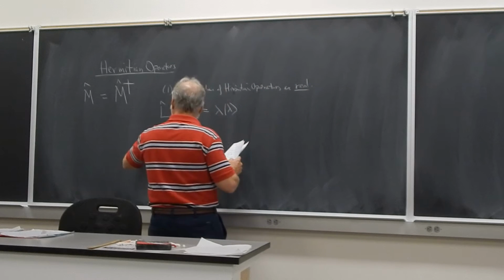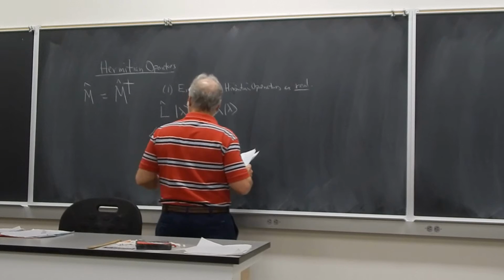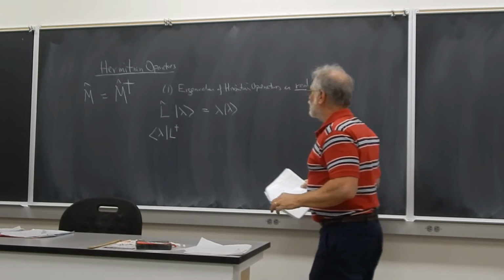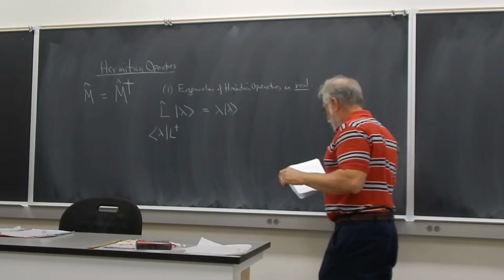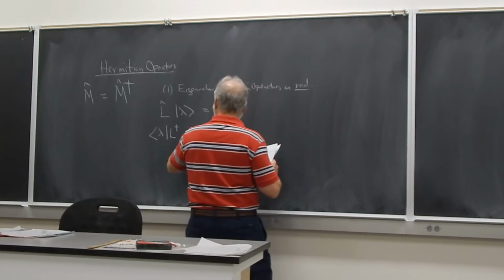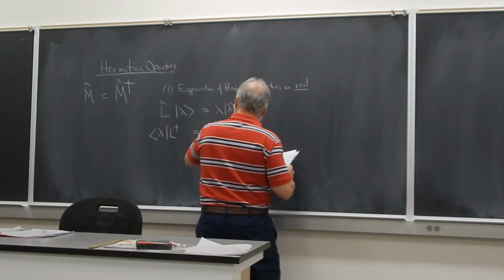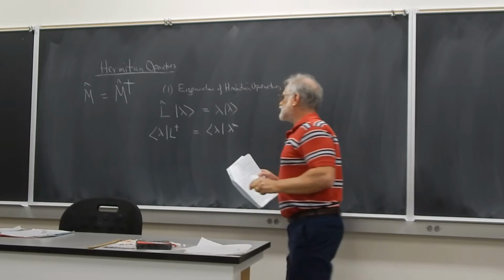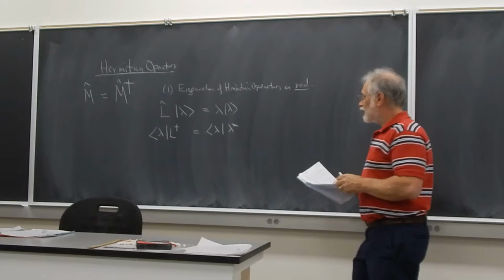Also, let's look at the other side of it, bra lambda, where I apply L conjugate to bra lambda. And that's going to give me lambda. And of course, that will give me a complex conjugate of my eigenvalue. We'll call it lambda star.